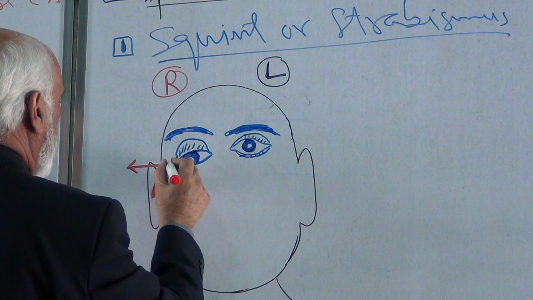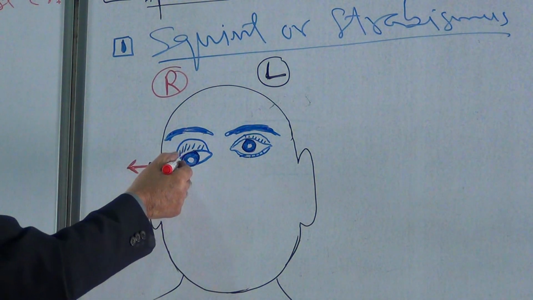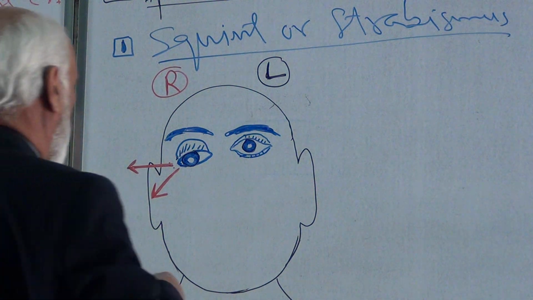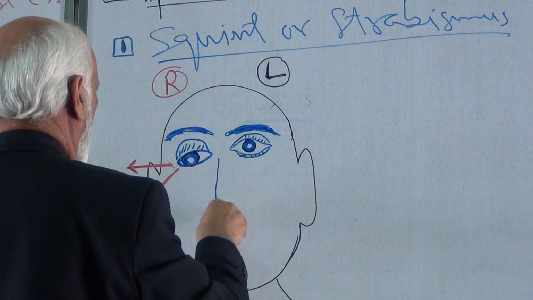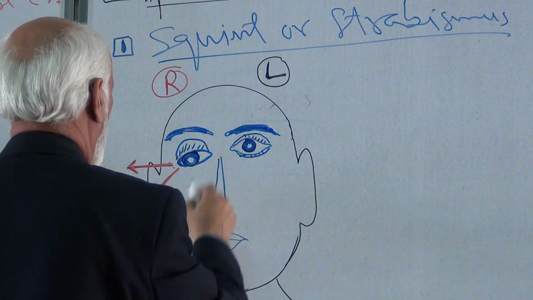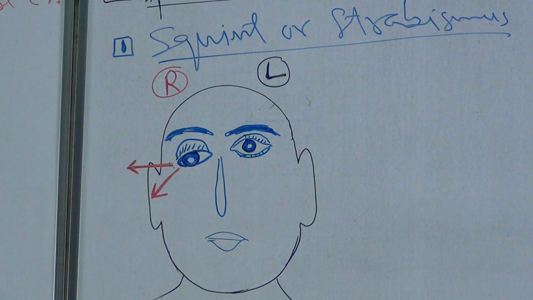This is the normal side, so here the eyeball will be directed outwards and downwards.